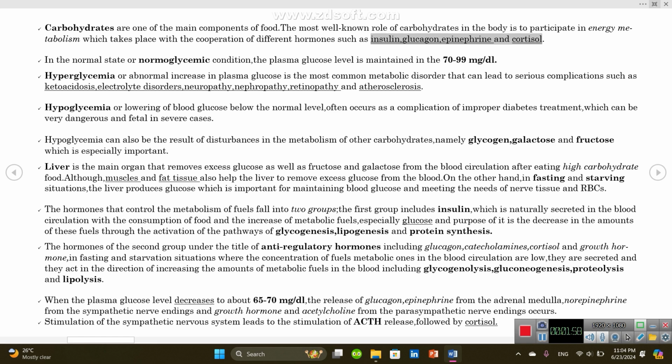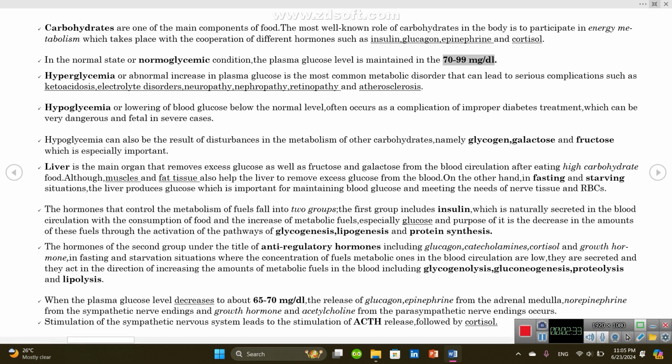In the normoglycemic condition, the plasma glucose level is maintained in the 70 to 99 milligram per deciliter range. It means in 1 deciliter of blood, there are 70 to 99 milligram glucose in it. So the range of normoglycemic is 70 to 99 milligram per deciliter.